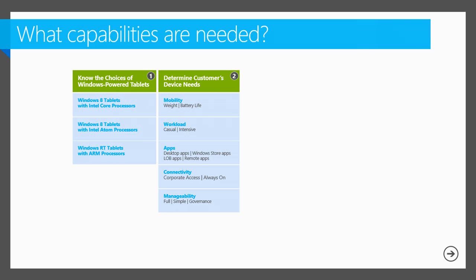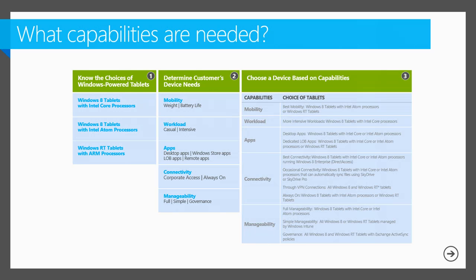So once we've looked at those 5 different categories, then we can choose a type of device that best meets the specific capabilities that are most important for you. For mobility, Atom-based machines or Windows RT tablets are going to be best. For workload, anything running an Intel Core processor is going to offer you the best power.